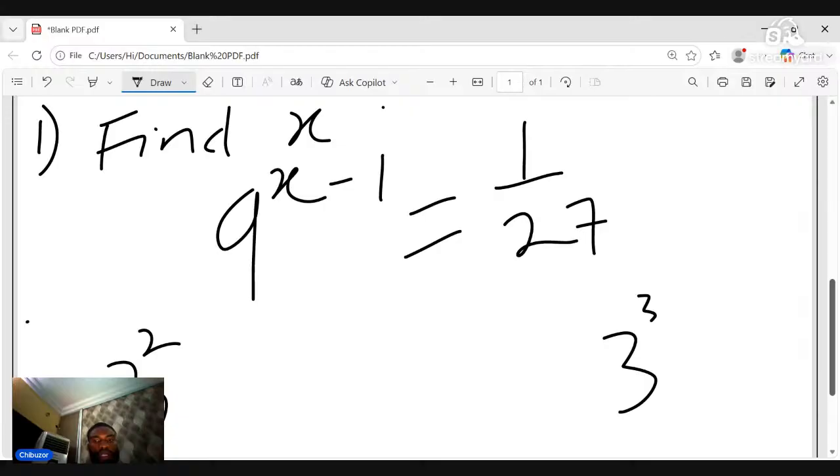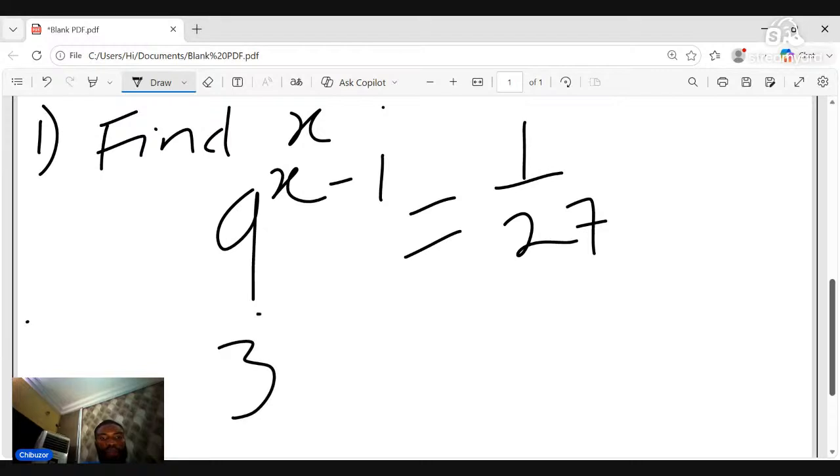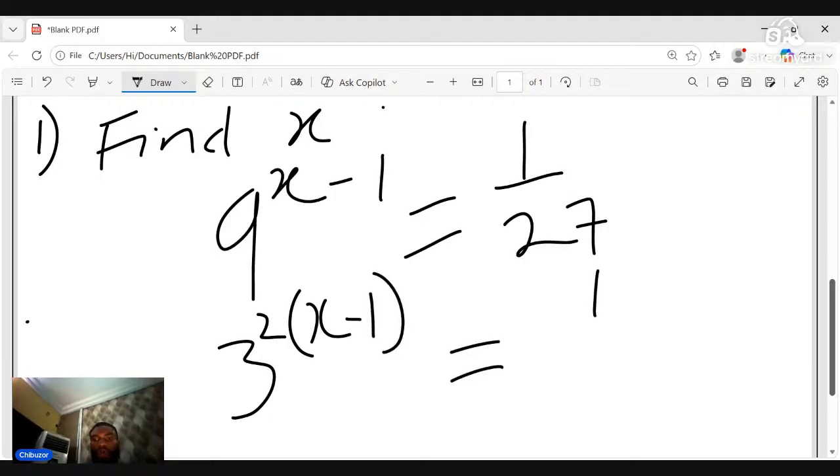So when you know this, you can now write 3 raised to power 2 in brackets. Now you've gotten the power base of 9, which is 3 raised to power 2, raised to power x minus 1, is equal to 1 over 3 raised to power 3. Are we clear?